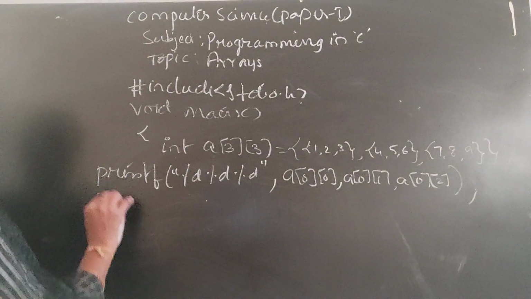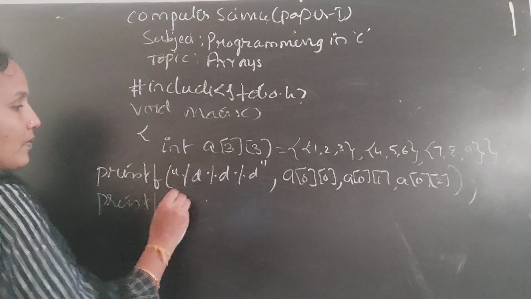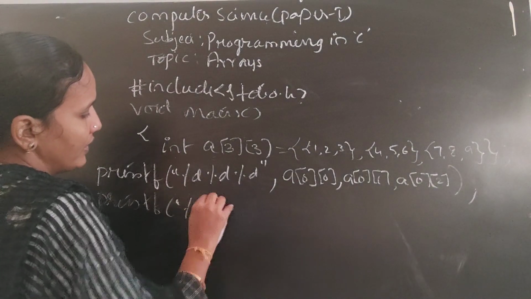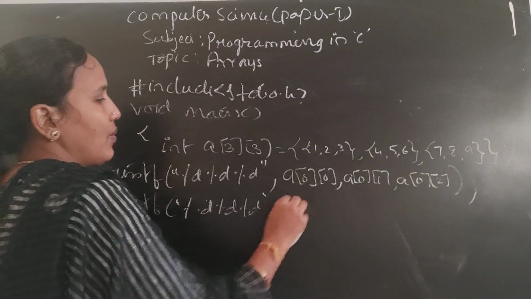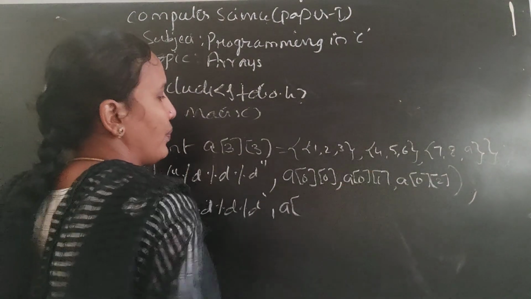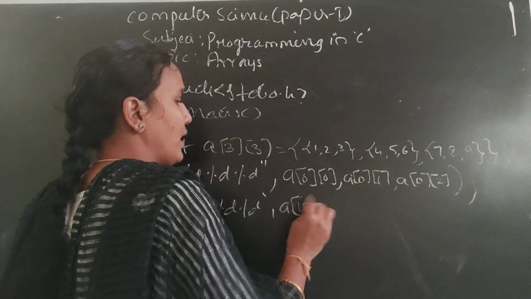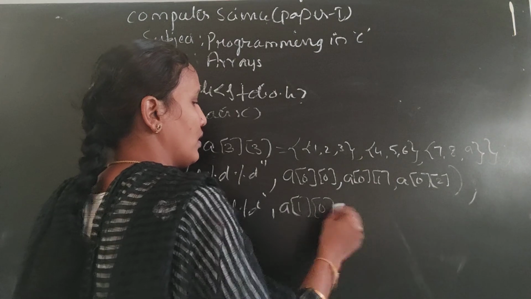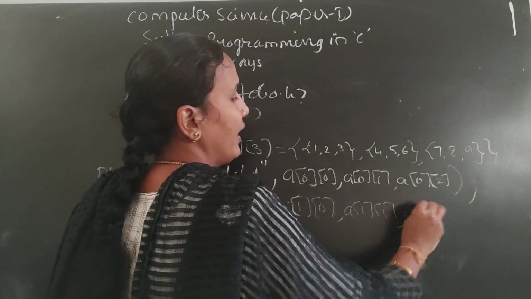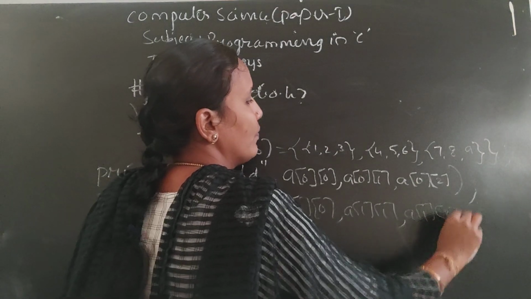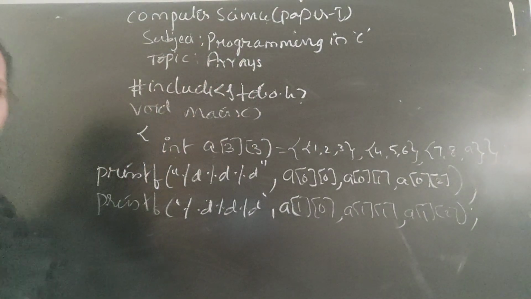Now printf %d, %d, %d. This one I am printing A[1][0], A[1][1], A[1][2]. The row number is increasing.